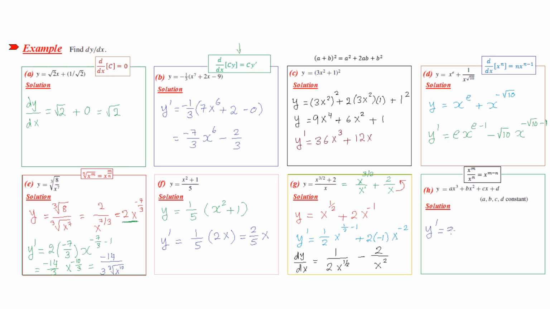So we have 3a and subtract 1 from each exponent, x to the power 2, plus 2b x to the power 1, because 2 minus 1 equals 1, and the derivative of cx equals c, and d is a constant, and the derivative of a constant equals 0. So this is the final answer for part h. And that's it.